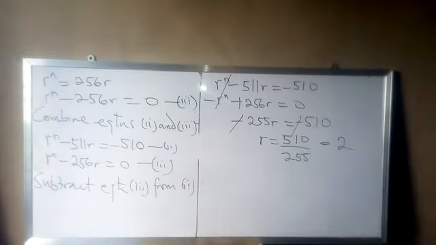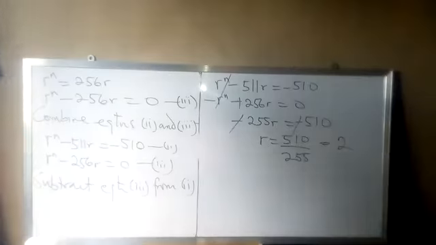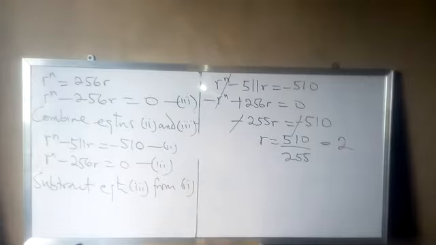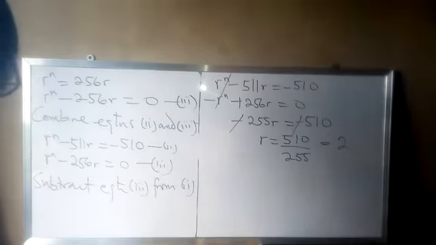So our r is 2. Now we have known the value of our r. What other thing do we have to find? Now that we have known the common ratio to be 2, we can go back to any of these equations in order to know what's next.